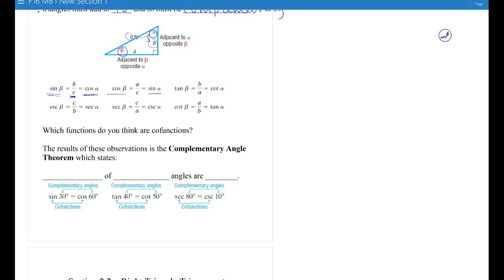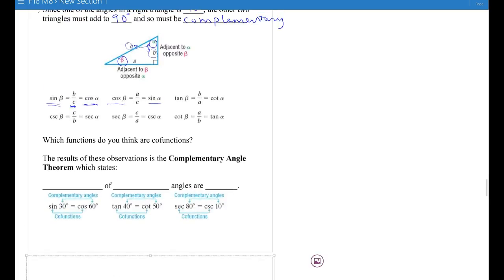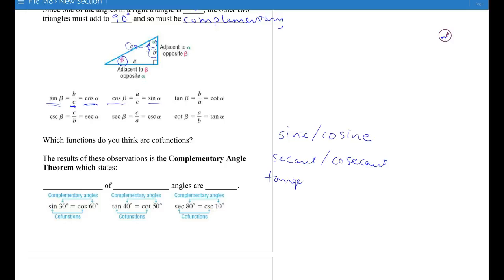Cosine of beta is sine of alpha. So which functions do you think are co-functions? They're the ones whose names sound like co-functions of each other. So sine and cosine, secant and cosecant, and tangent and cotangent.